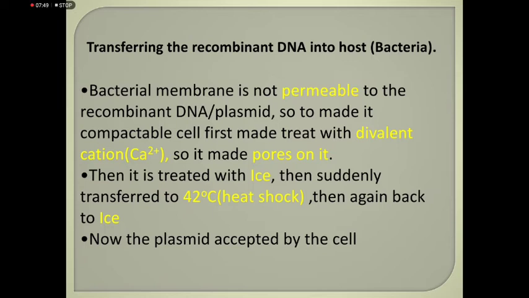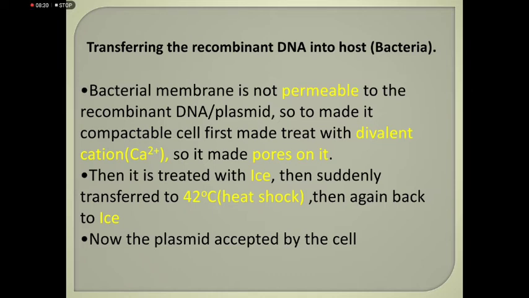We move to transferring the recombinant DNA into the host. Bacterial membrane is not permeable. We know that the bacterial cell wall is made up of N-acetyl glucosamine and N-acetyl muramic acid, so it is not permeable to plasmid. So first of all, we must convert this bacterial cell wall into a permeable one. For that, we must treat it with a divalent cation.